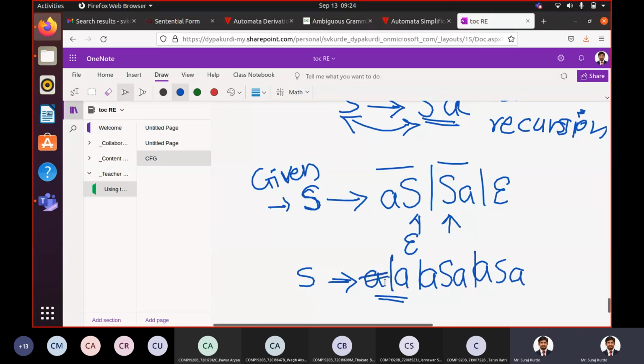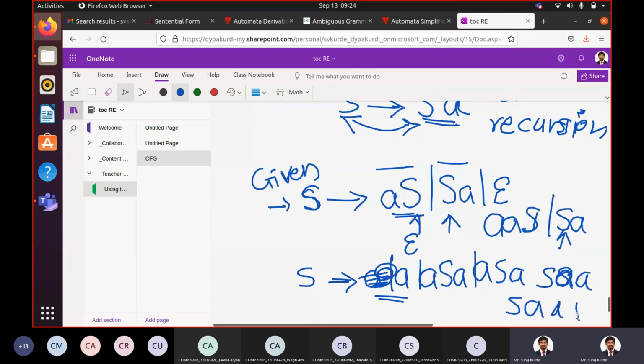So A is there. One time ASA or ASA. It can repeat, or what I can do, A, then replace it with the same AS, or S, A is there. So replace this S with the same S, S, or SA. It may be SA.